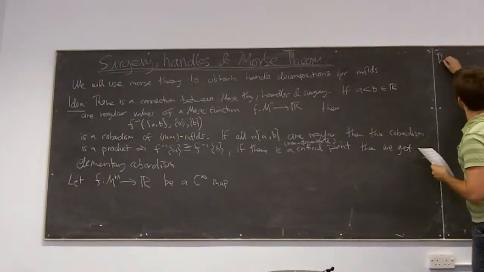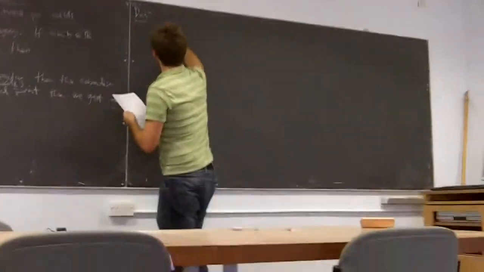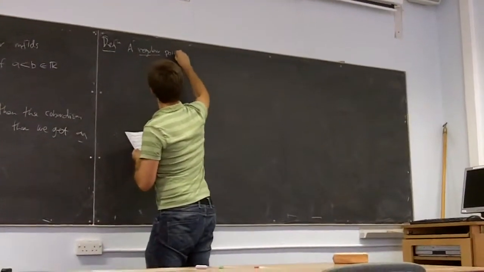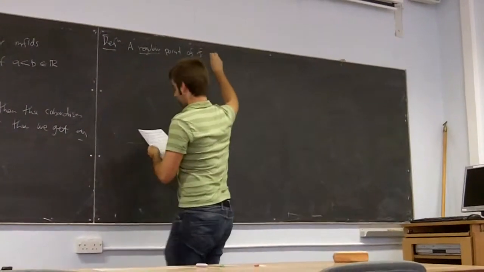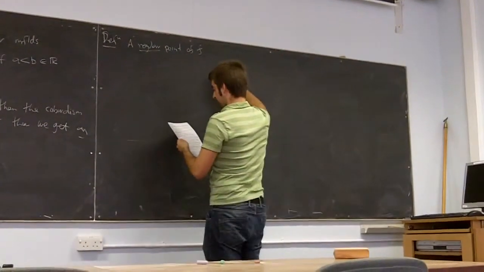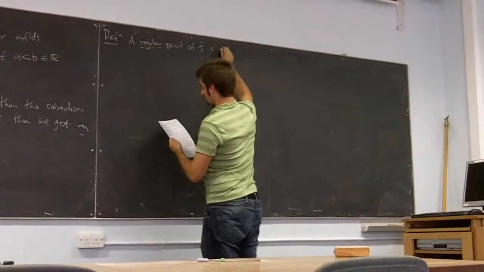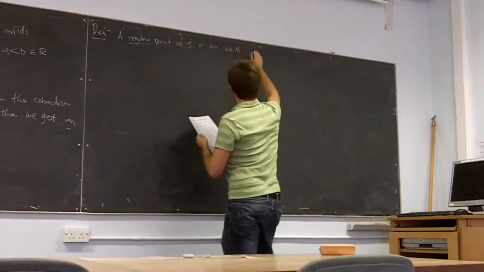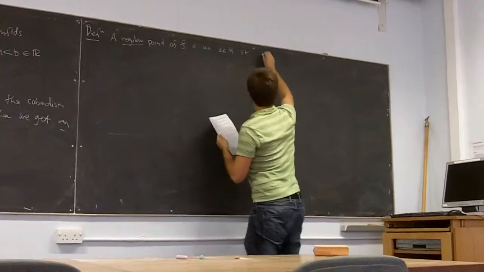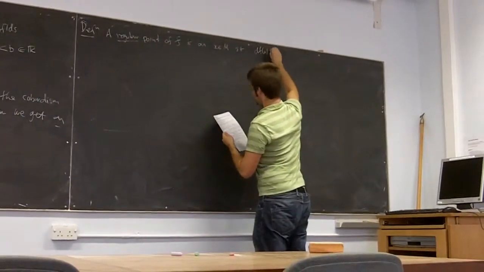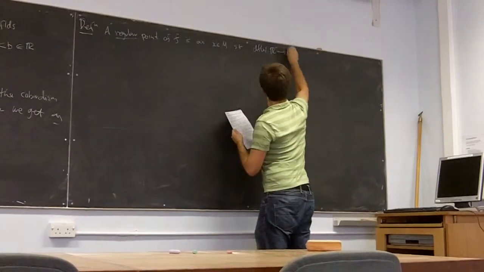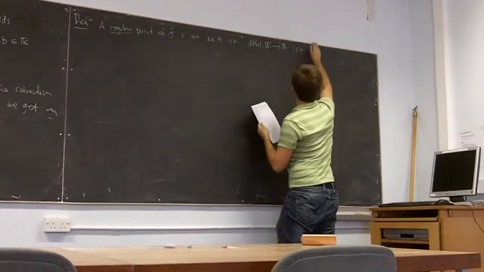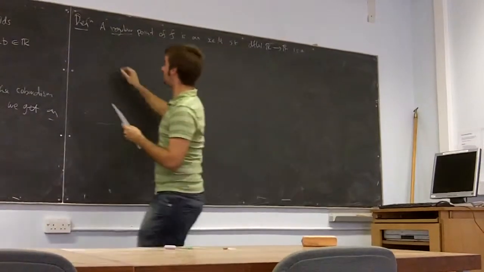So, definition: a regular point of f is an x in our manifold such that the derivative of f at x is a linear map of maximal rank.